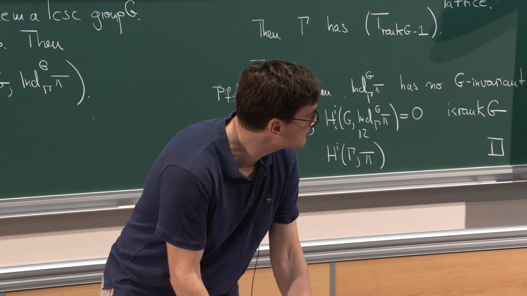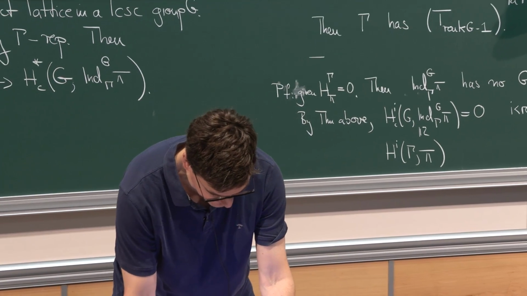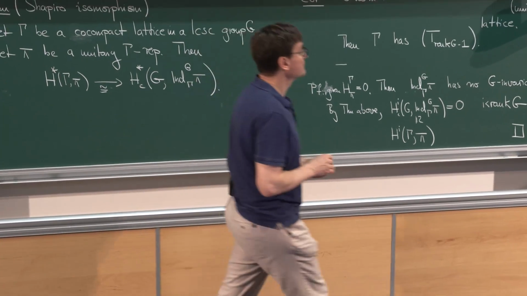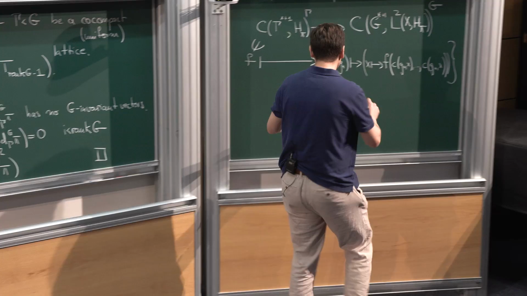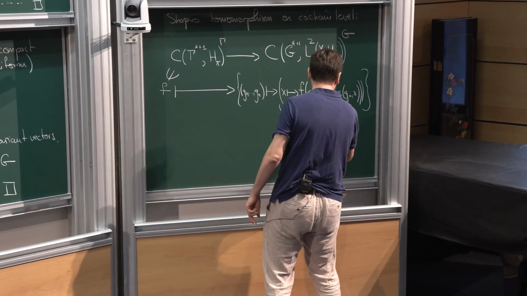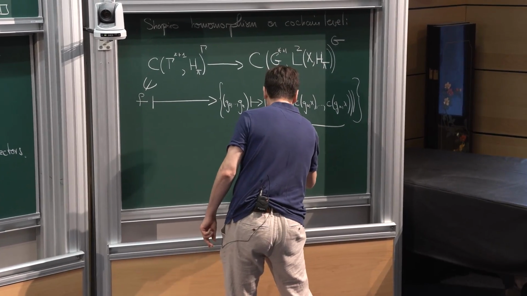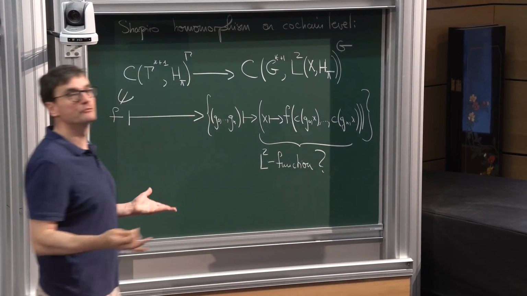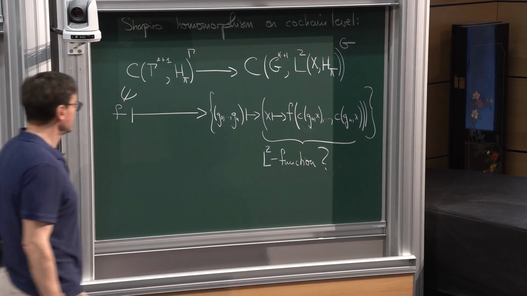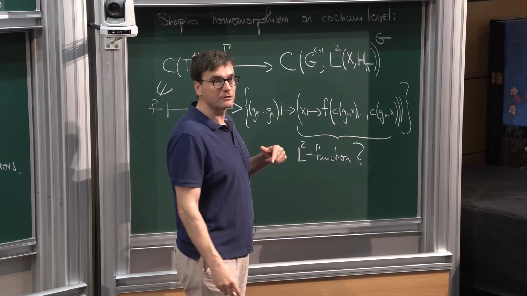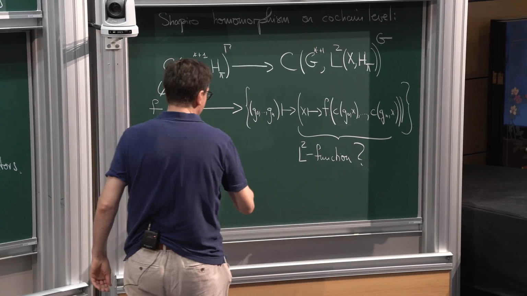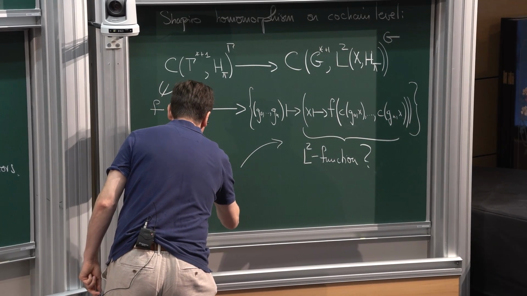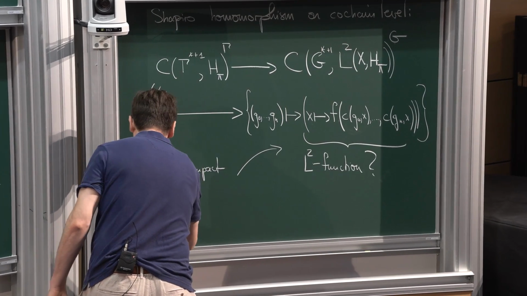And let's look at this map. Now, why is it important that it's cocompact? Or what might be a potential problem? Right, so why is this an L2 function? In the cocompact case, it is. Why?